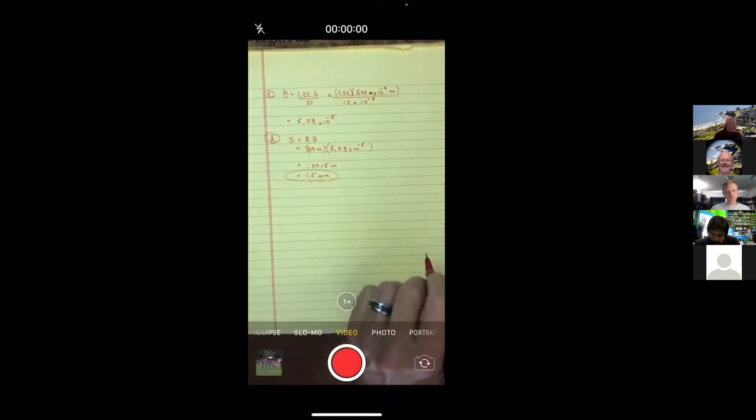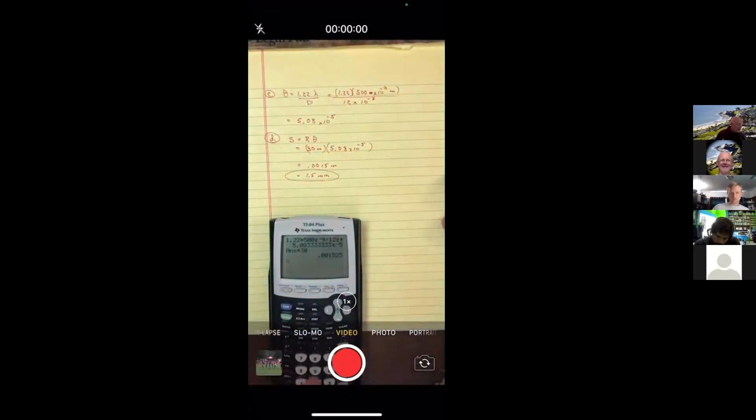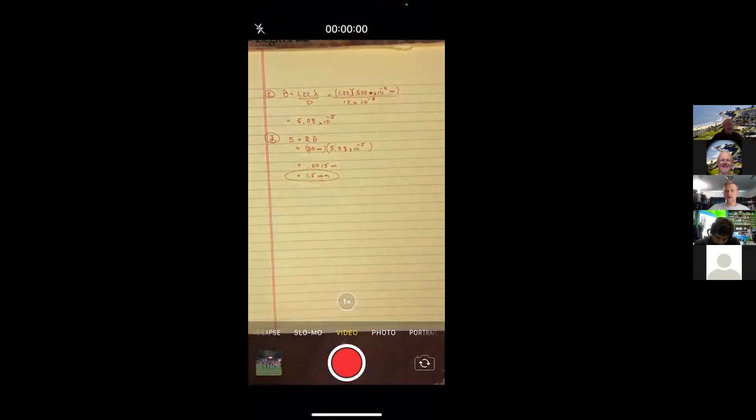So the hawk could see details that are 1.5 millimeters apart. That's pretty close, especially at a distance of 30 meters. Again, assuming that the hawk's eye is not limited by other factors like the human eye is.